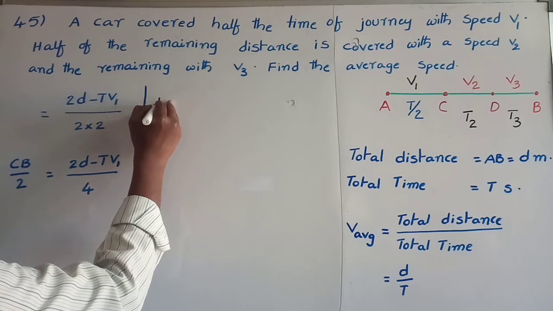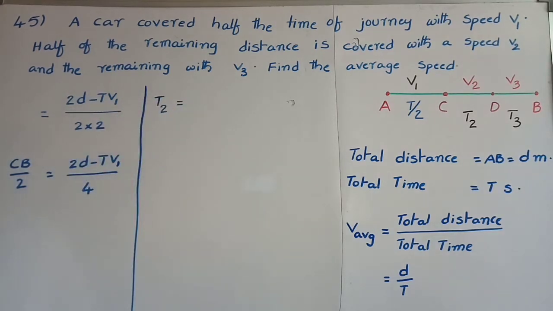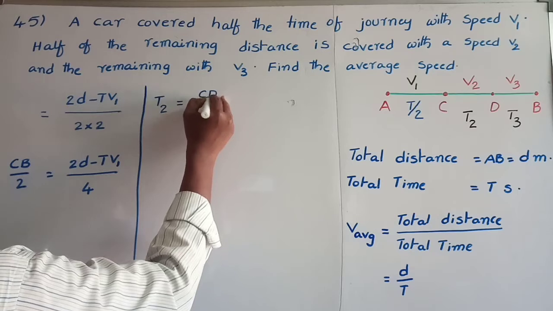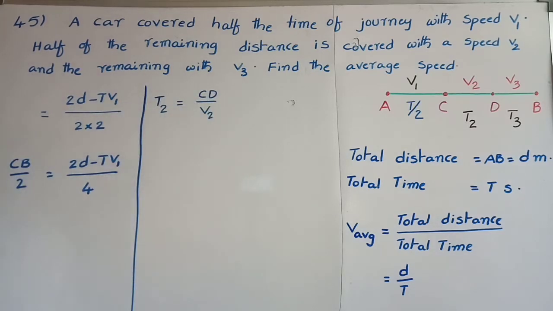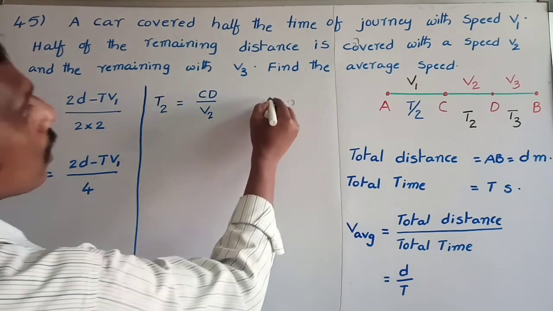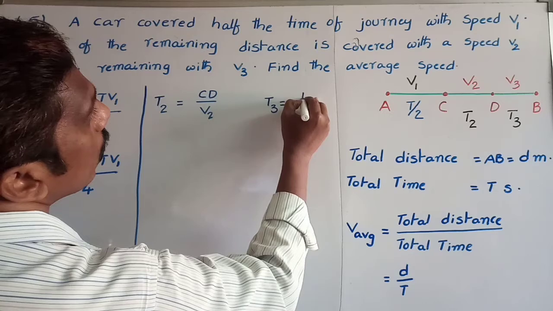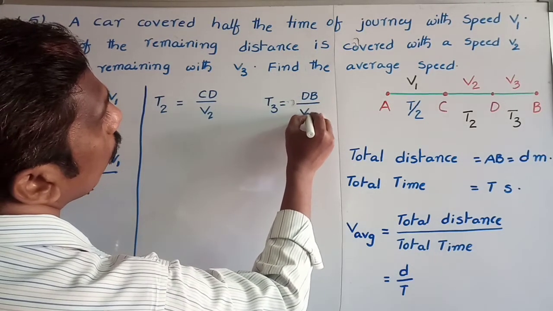We know the formula: time is equal to distance by velocity. So here distance is CD divided by velocity V2. In the same way, T3 is equal to distance DB by its speed V3.